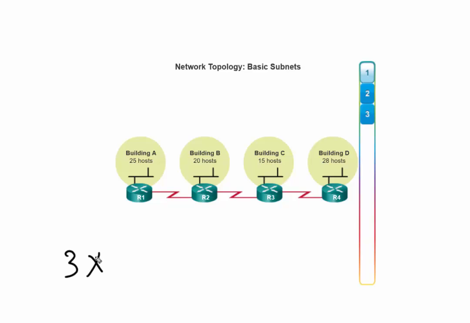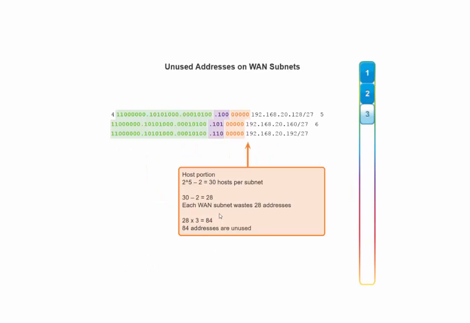Each of them needed only 2, whereas we assigned 30. So we lost 28 different host addresses that are not used on this network. This is a significant waste of addresses if we are looking for efficient design. So we ended up here with 84 different unused addresses.